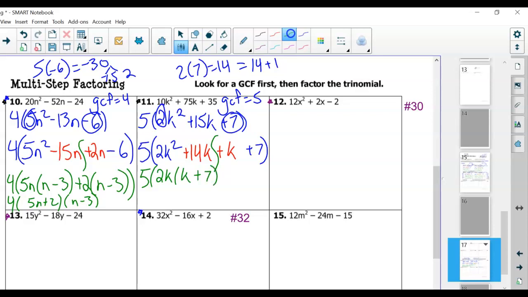On the right, there aren't any numbers or variables I can divide out of this, so the GCF is 1. Even though the GCF is 1 in this case, I'm still going to put plus 1. The inside isn't going to change, but I still need it to be the same. So my factored form of this polynomial would be 5 times k plus 7 and 2k plus 1.